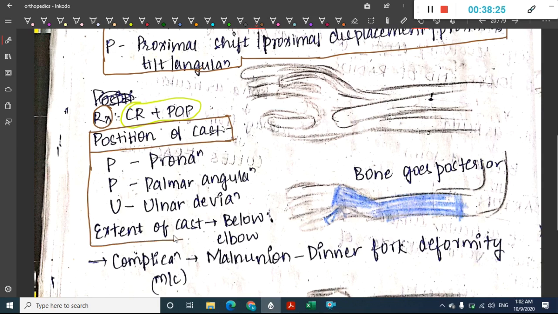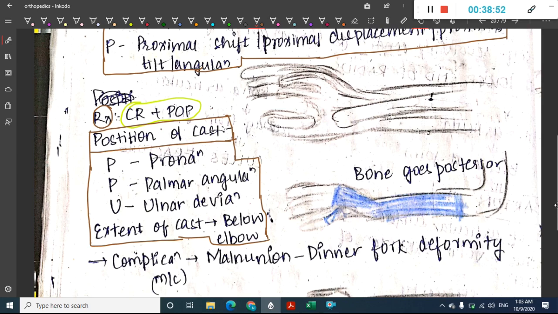So the cast is applied in pronation, palmar angulation and ulnar deviation. The cast should be extended till below the elbow joint. Okay, so this is about the Colles fracture.